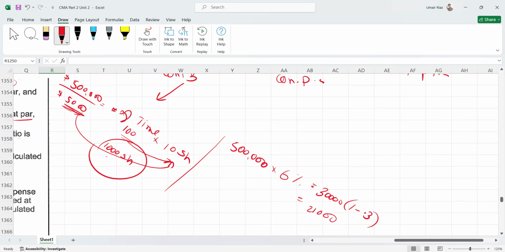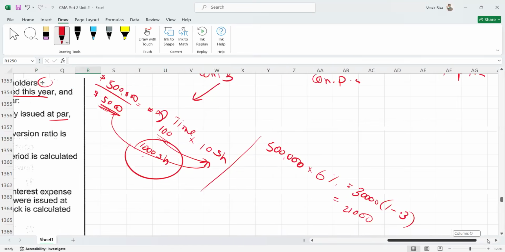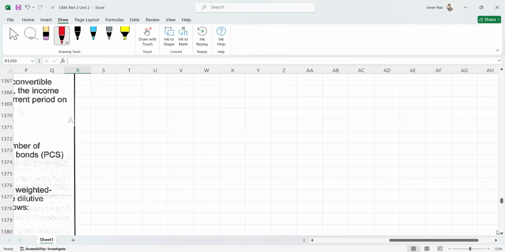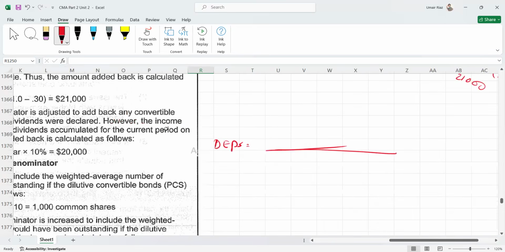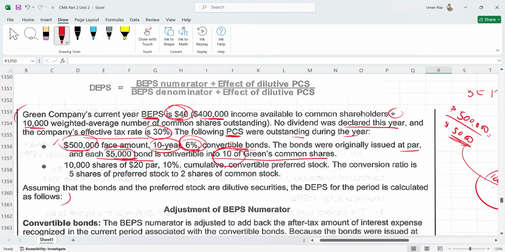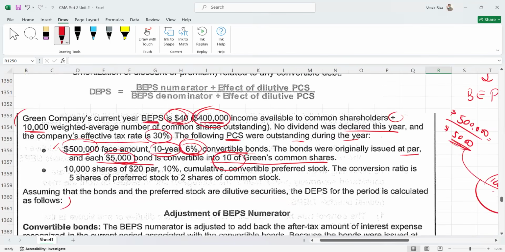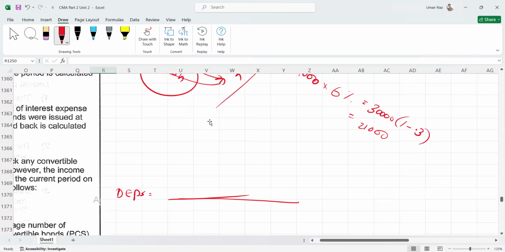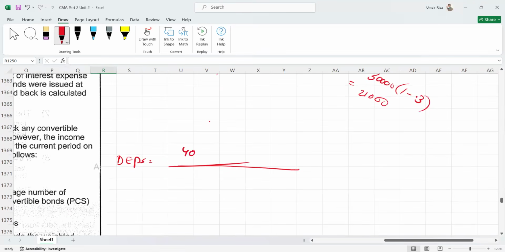Okay, so it means we can work with the basic and diluted EPS. How can we work with the diluted EPS? First, for basic EPS, net income available was how much? I'm reading and solving, guys. It was 400,000 net income available and shares were 10,000. For basic EPS, 400,000 divided by 10,000 shares.